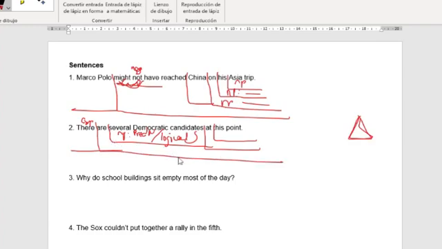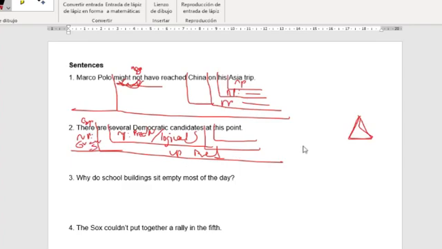The VP predicate. This is what? The status of the verb. The status is present. And there is what? Noun phrase, grammatical subject. Grammatical subject.